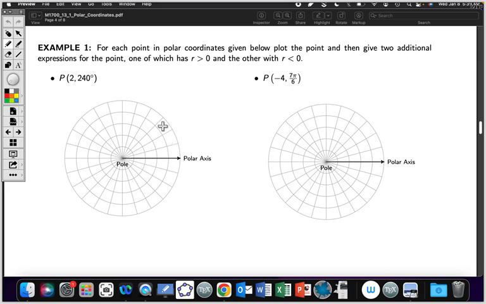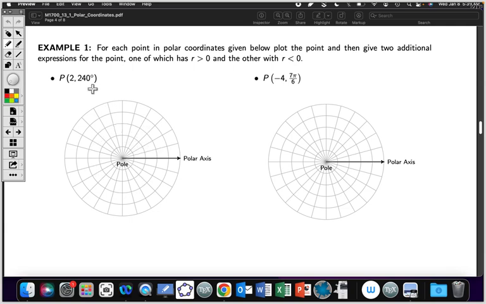Each of these circles has an r value, and we can label these wherever you want, but we can do 1, 2, 3, 4, 5, for example. And for the theta values, the angles are divided up every 15 degrees. So that'll help us out.